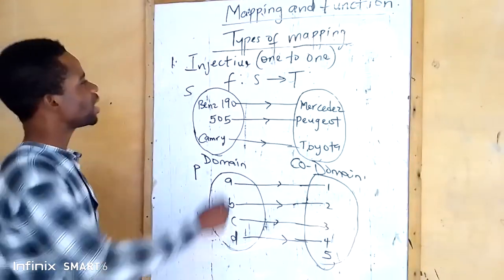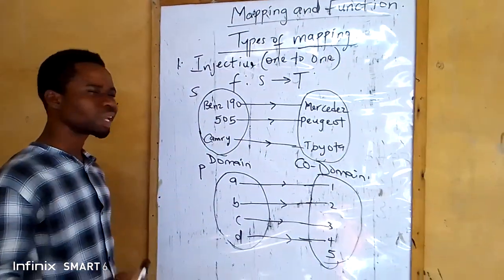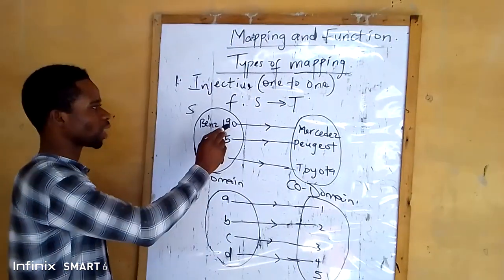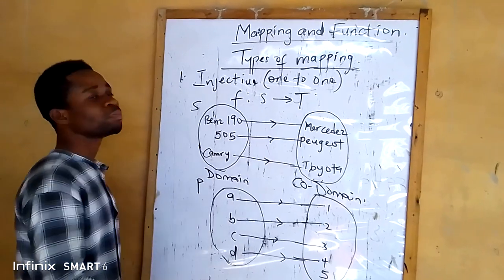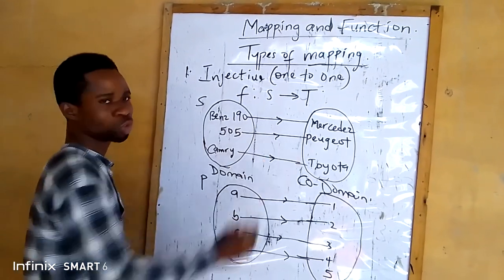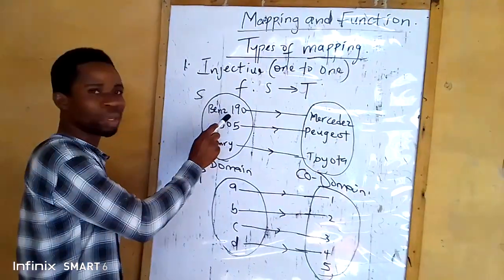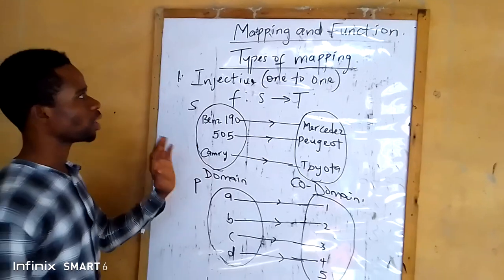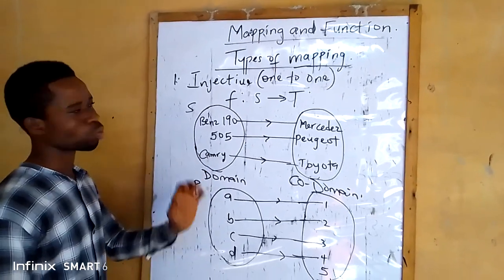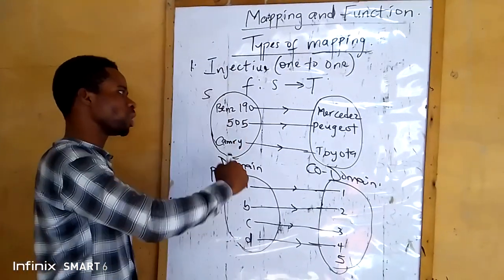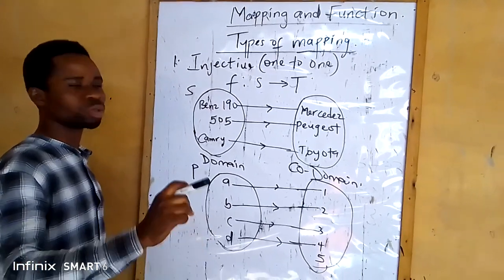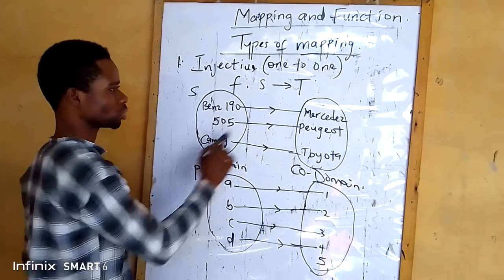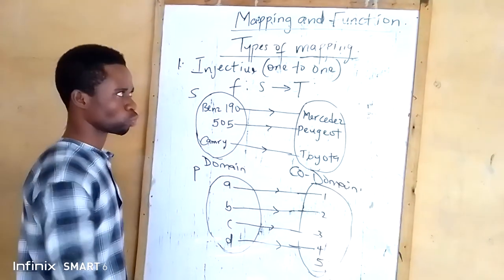That means if Benz 190 is paired with Mercedes, Benz 190 cannot also pair with Peugeot. One element in the domain cannot pair with two elements in the codomain. So for a mapping to be injective, every element in the domain must be uniquely paired with an element in the codomain, just one. That's why I call it one-to-one.